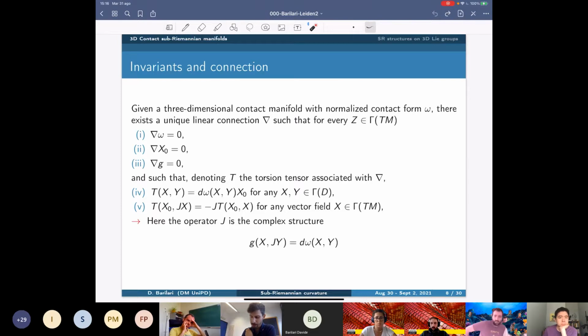But in any case, it is a unique linear connection satisfying all these conditions listed here, meaning that it preserves the contact form, the Reeb vector field, and the metric.